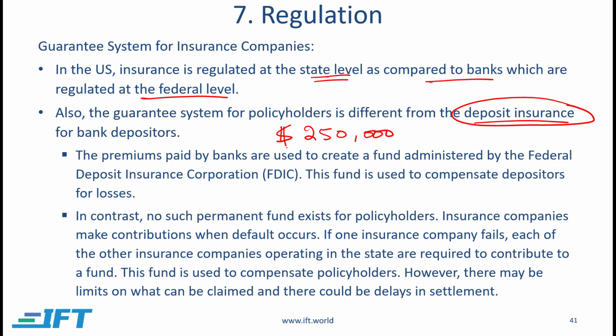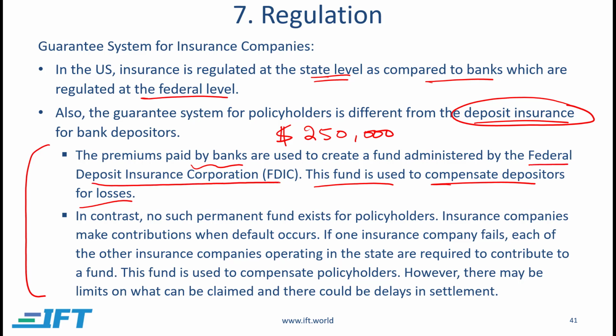That's not the case specifically with insurance, because the real difference over here is that for banks, they don't wait for the bank to go bankrupt. They actually pay the premiums and keep this fund, which will help to compensate for losses. So the Federal Deposit Insurance Corporation is already getting the premiums which are being paid by the banks, and it's already ready to pay this out to the depositors in case any bank goes down.